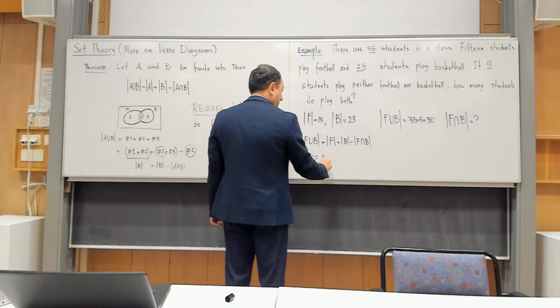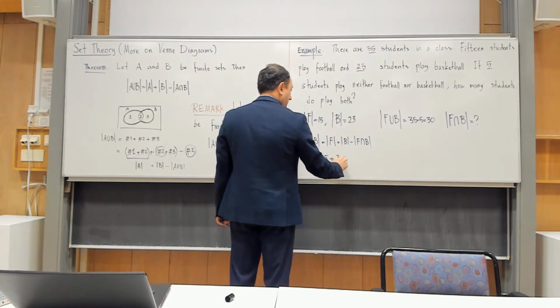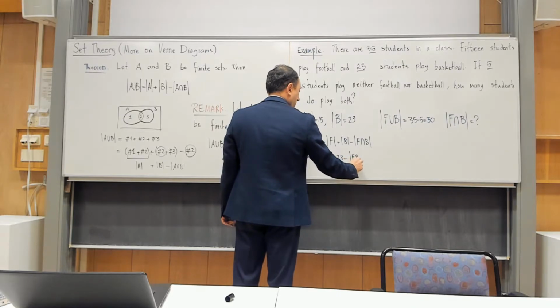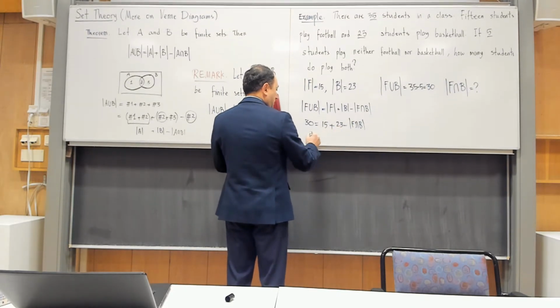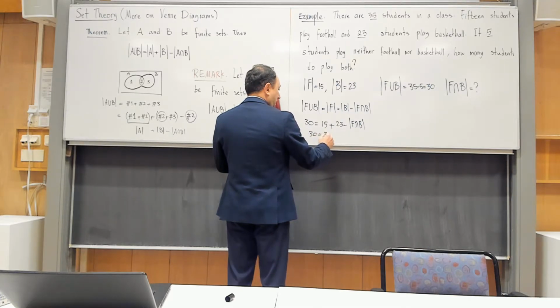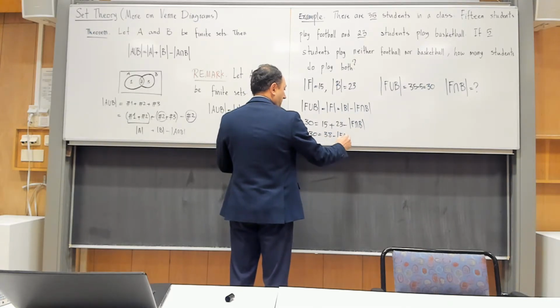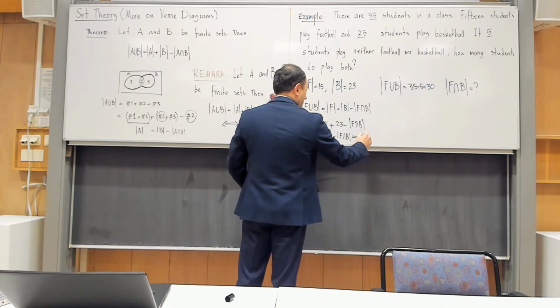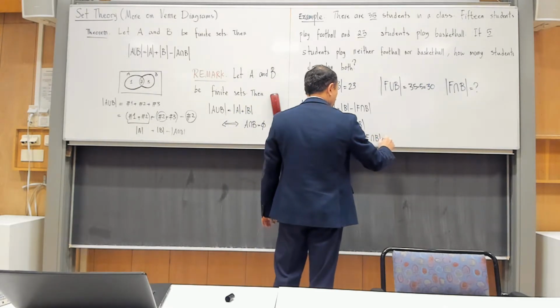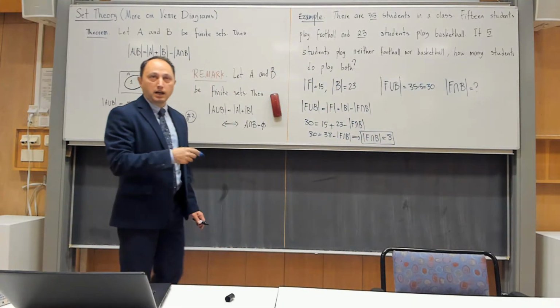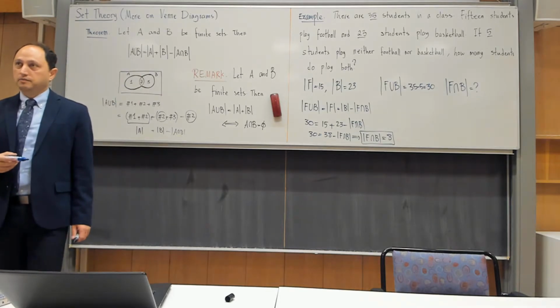Instead of this, I put 15. Instead of this, I put 23. And this is my question mark that I have to answer. So then it becomes clear that 30 is equal to 38 minus this, so the cardinality of F intersection B is 8. So there are 8 people in this class who are playing both of them.